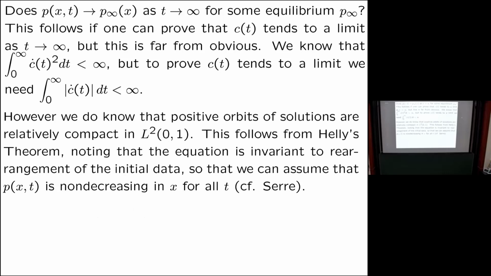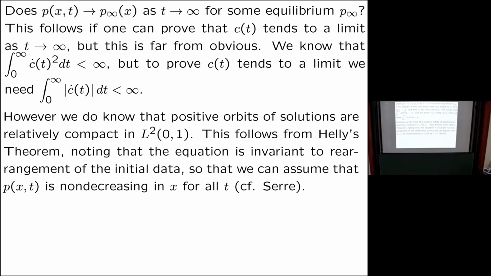However, the good news is that you do know that positive orbits of solutions are relatively compact in L2. This is a trick due to maybe Sar. You can rearrange the initial data so that it's monotone, and then the solution stays monotone.